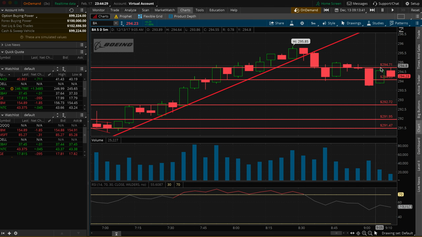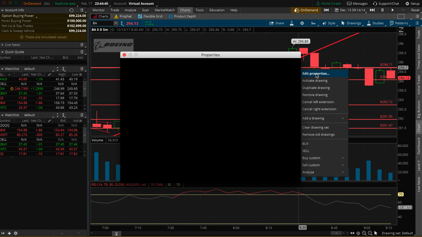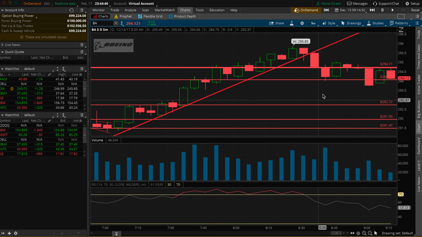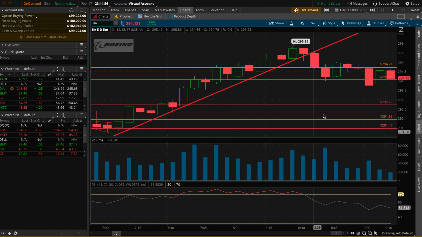Now this right here is now strong resistance or strong support. So we're going to increase that and make it thicker. Not only that, we're going to change the color so it stands out to orange.